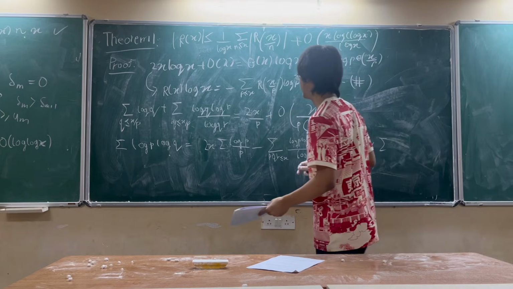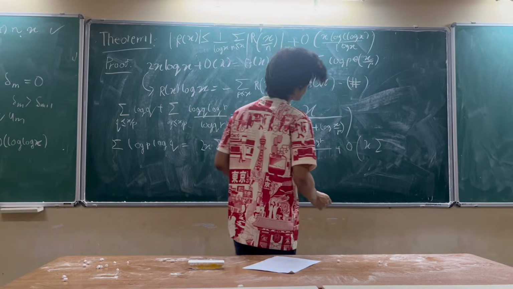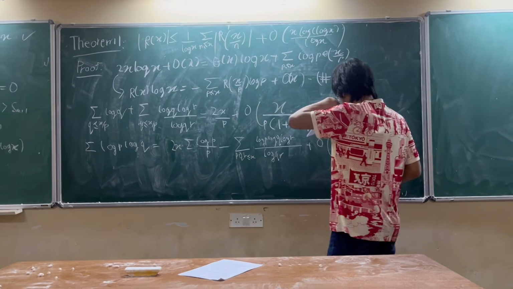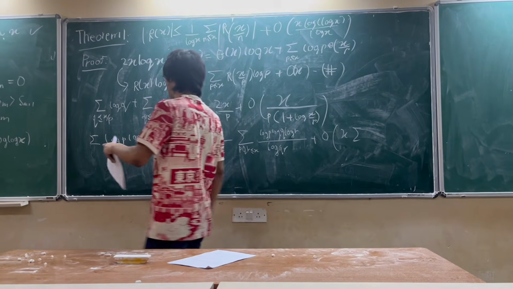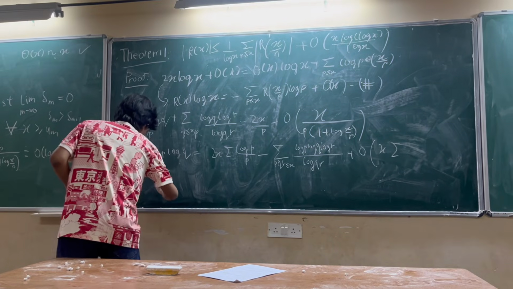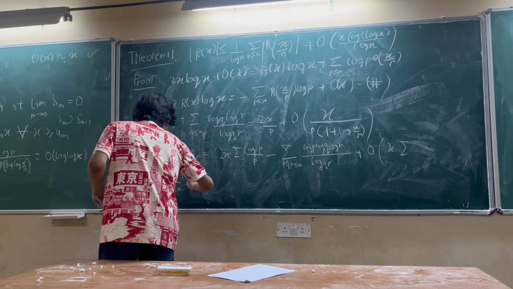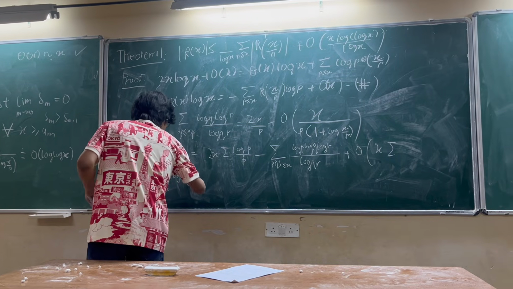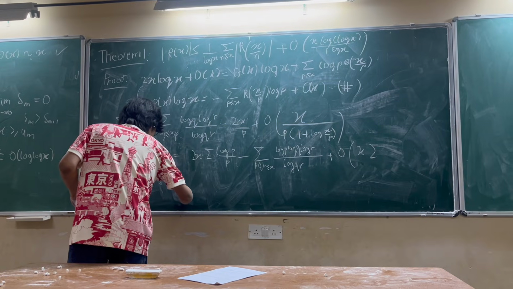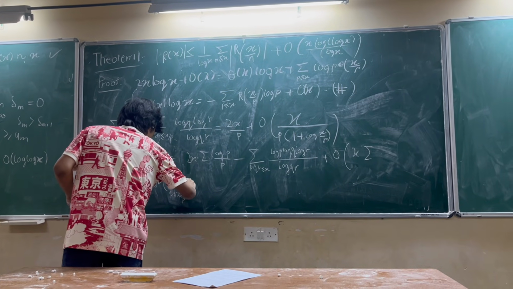Now what I did here is I basically used this formula and substituted it in here. I rewrote this as summation p less than or equal to x of log p times summation q less than or equal to x by p of log q.